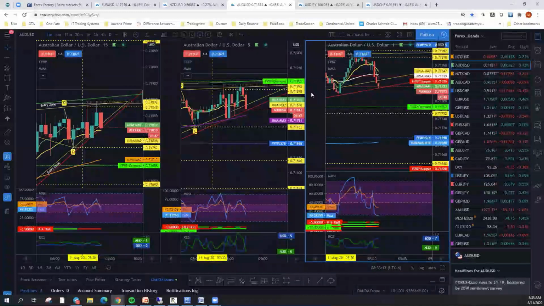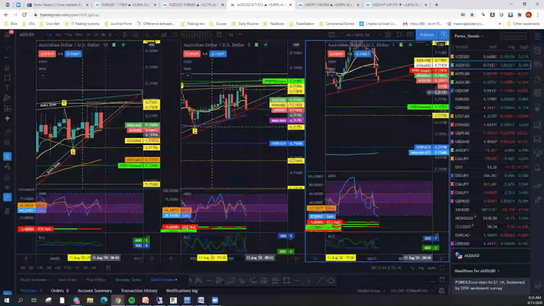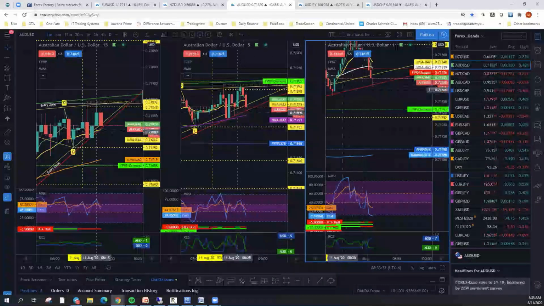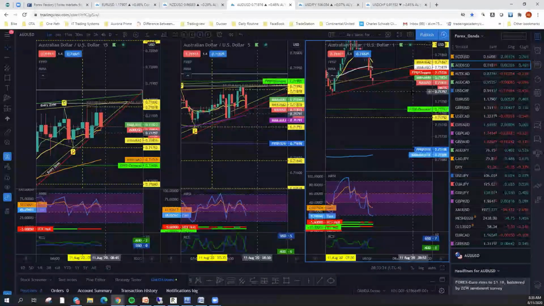There we have the close inside the wedge. We have another red candle. Need to get a close below this area right in here. Got to close out below this blue candle right in that area.